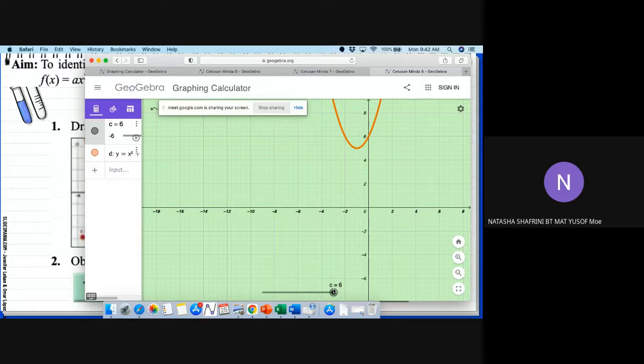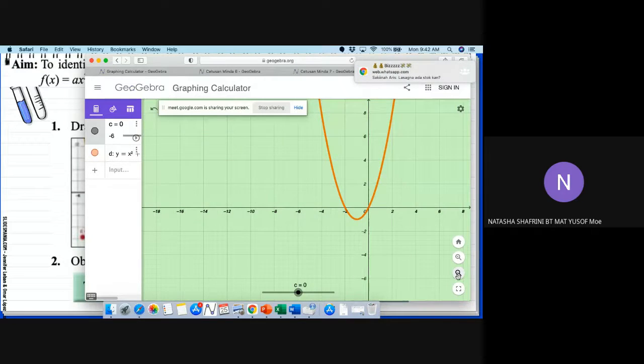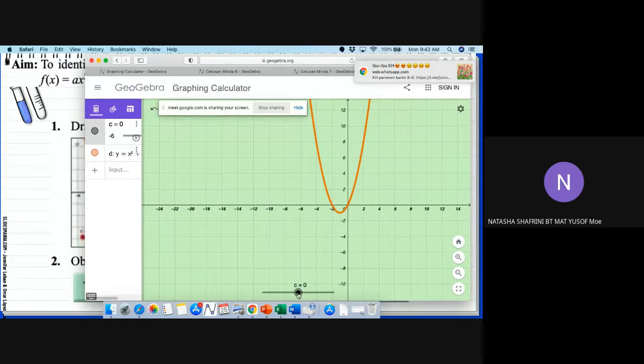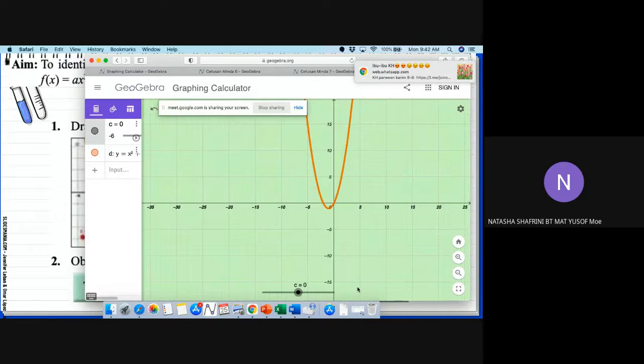Ya ke semakin kecil? Tengok betul-betul. Dia higher, dia naik atas. Okay, kalau tak nampak cikgu kecilkan sikit. Betul ke dia makin kecil? Sebenarnya dia makin naik atas.